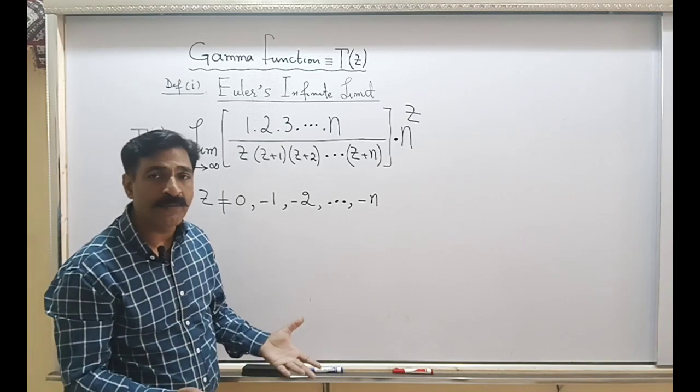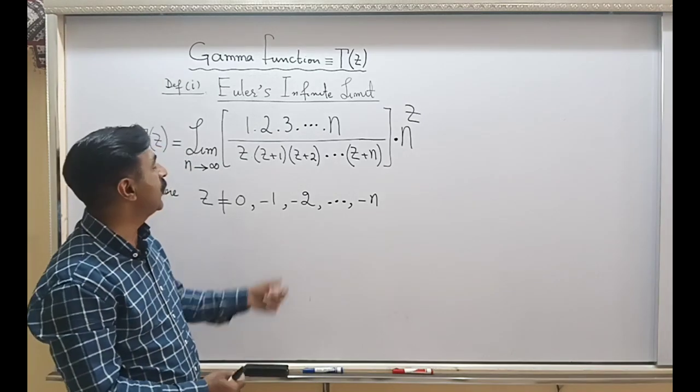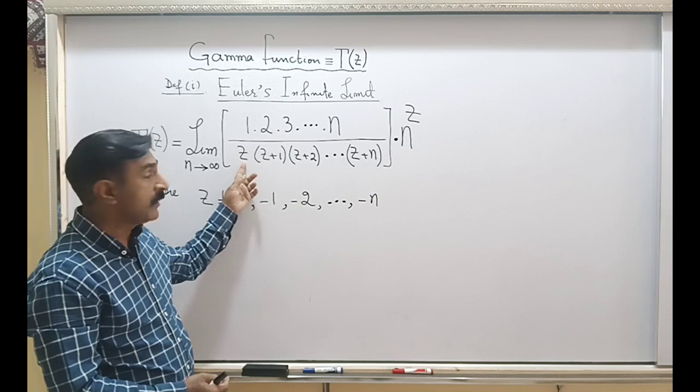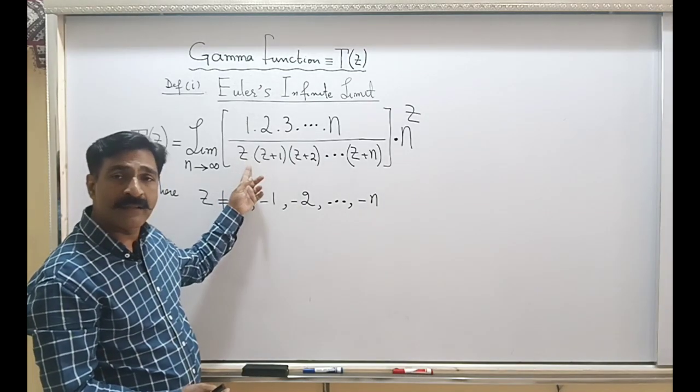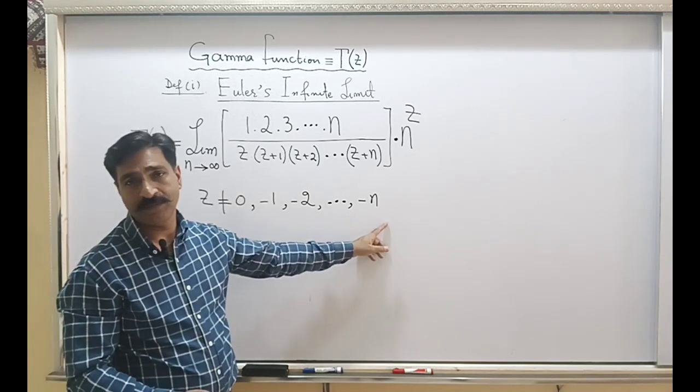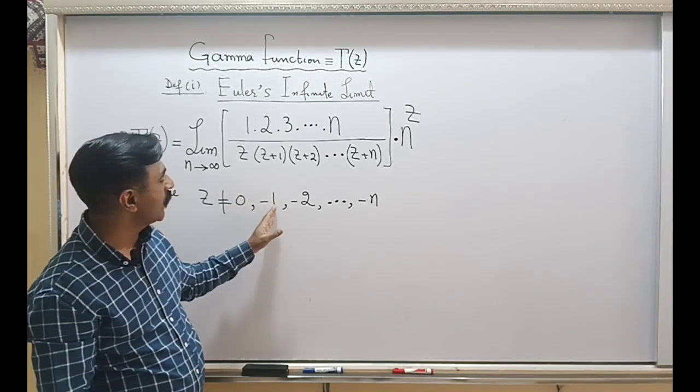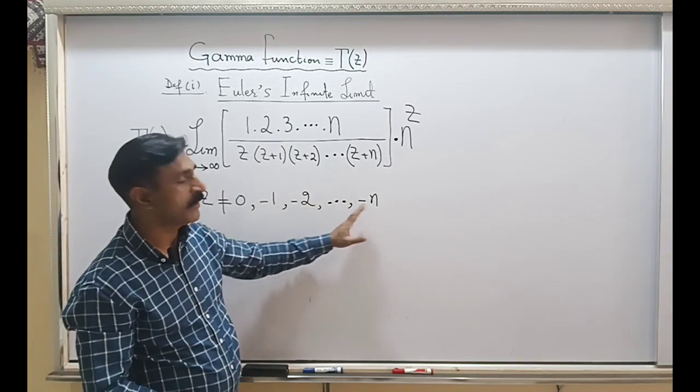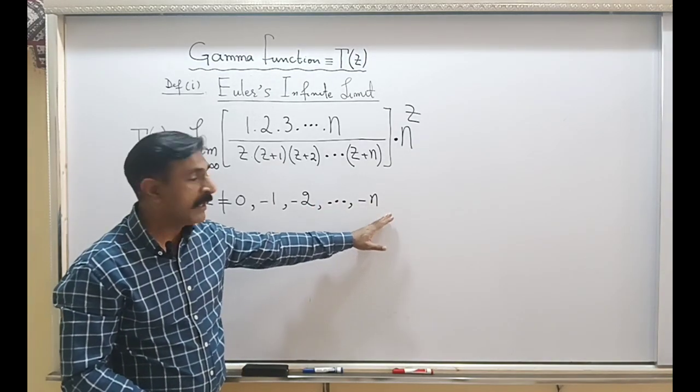So what are we left with for the possible values of z? They are only real numbers and complex numbers, excluding these values. So z cannot be 0, z cannot be -1, z cannot be -2, and so on, -n.